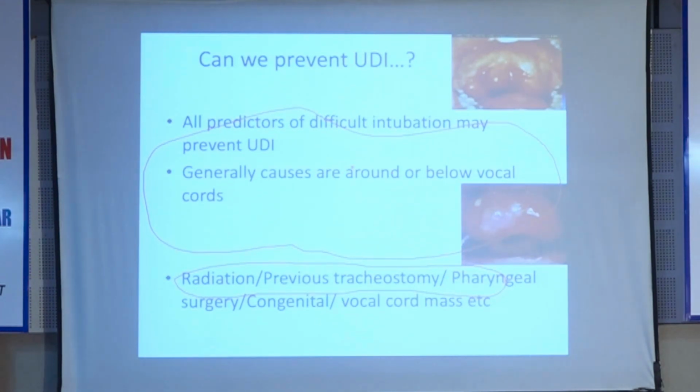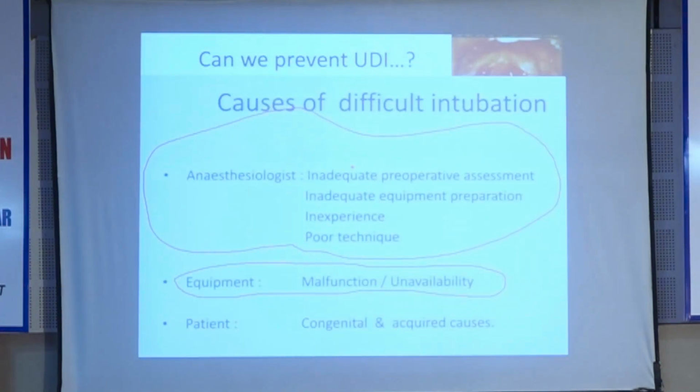But generally, the causes of unanticipated difficult airway are around or below the vocal cords, so many times you may not be able to anticipate. Generally, there is a history of radiation, previous tracheostomy, previous oropharyngeal surgery, any congenital disease, syndromic patients, or vocal cord diseases. When you suspect these, there is a high chance that this patient is likely to have an unanticipated difficult intubation.